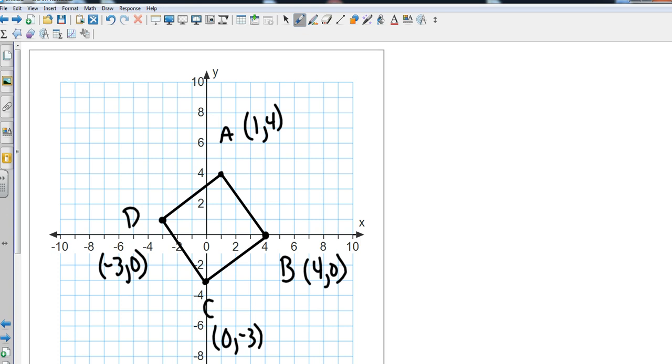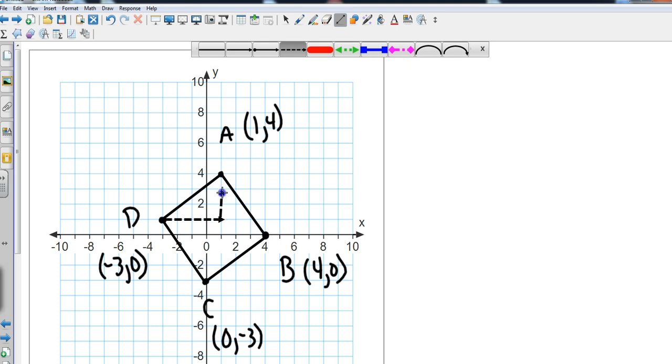So I could do a couple of different things. I could do the distance formula that we learned in the last section. I could also break this into a bunch of triangles and find the area of those triangles. For example, I could do here to here. That would give me a triangle there.